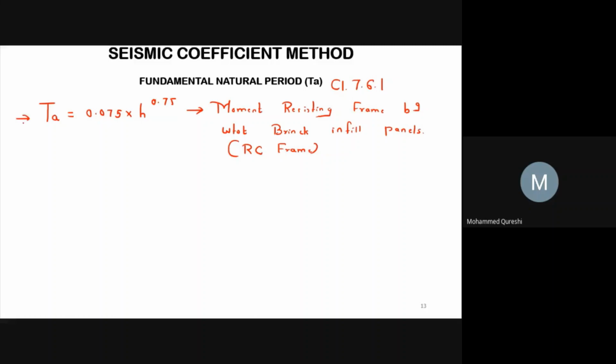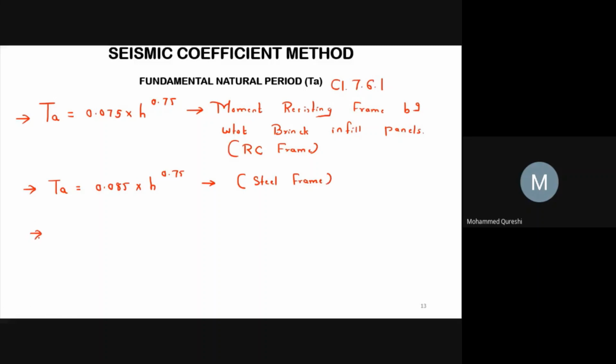And the second equation is given as Ta, that is fundamental natural period, equals 0.085 into h raised to 0.75. This equation is for moment resisting frame building without brick infill panels for steel frame.